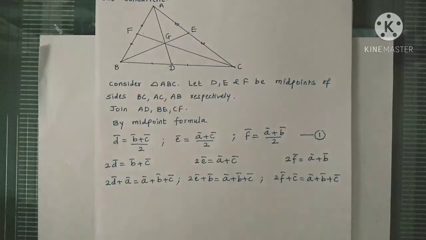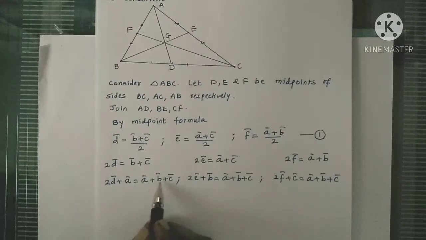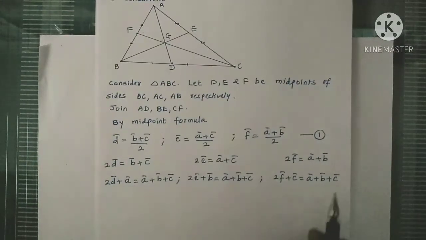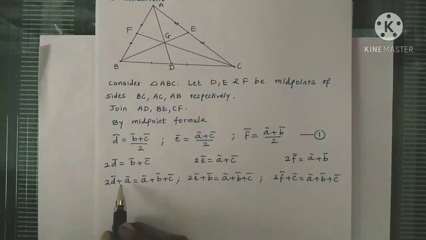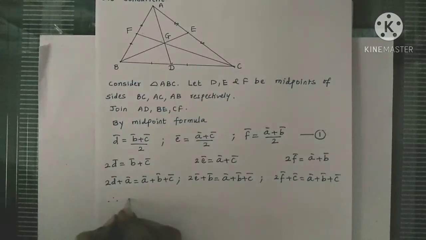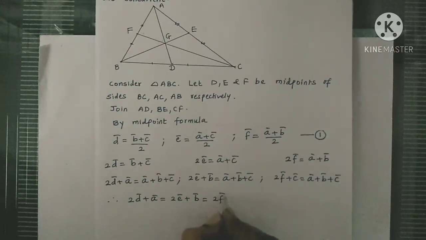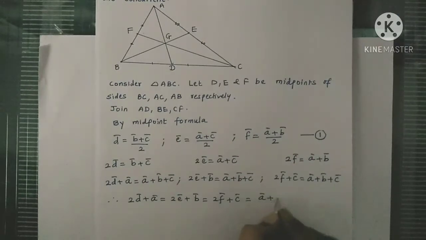Now you can see here that in all the three equations the right hand side is same, A bar plus B bar plus C bar. So the left hand sides are also equal. Therefore we have 2D bar plus A bar equal to 2E bar plus B bar equal to 2F bar plus C bar, and that is equal to A bar plus B bar plus C bar.